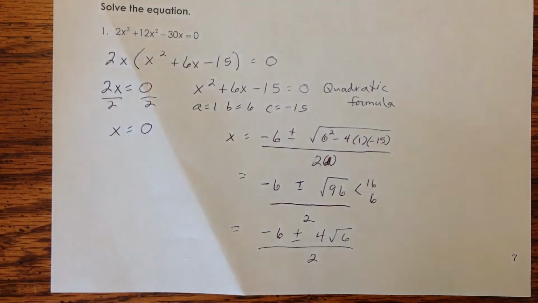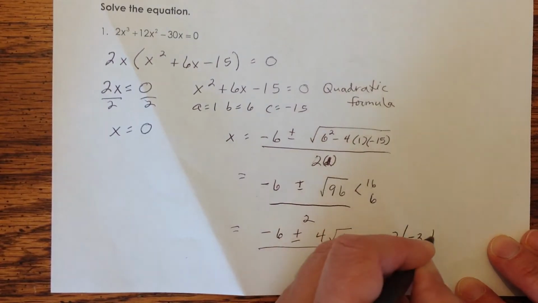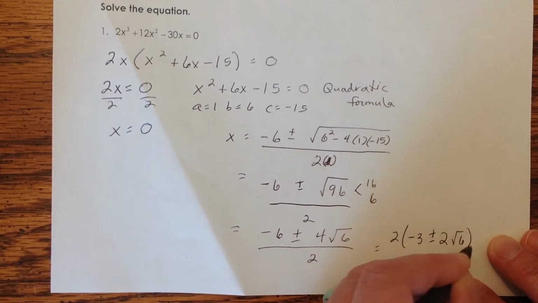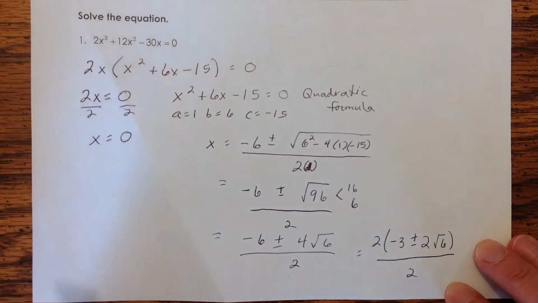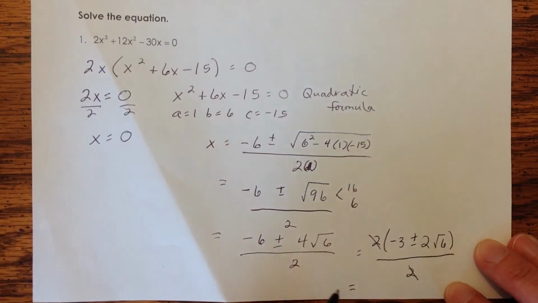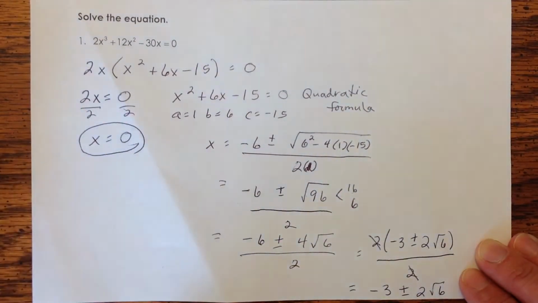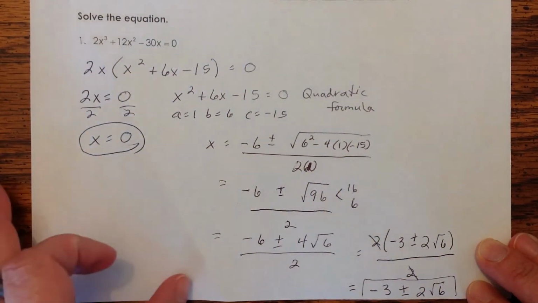Now to finish, the numerators share a common factor of 2, which I need to factor out. So I take out a 2, and I get negative 3 plus or minus 2 square roots of 6 all over 2. The 2's drop out, and I'm left with an answer of negative 3 plus or minus 2 square roots of 6. So one of my answers is 0. My other 2 answers are here for a total of 3.